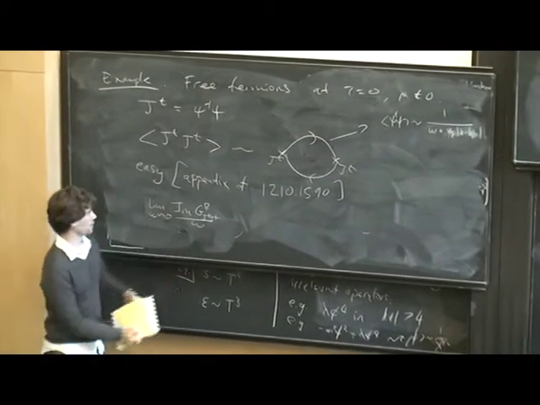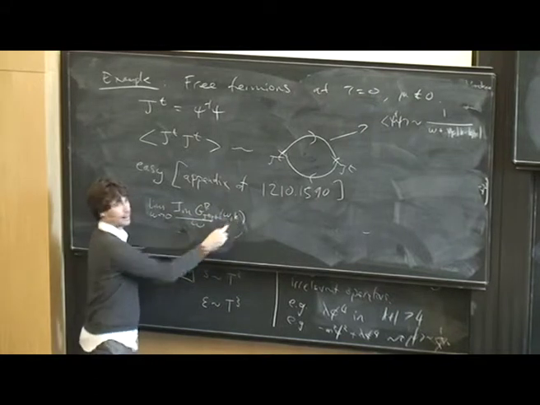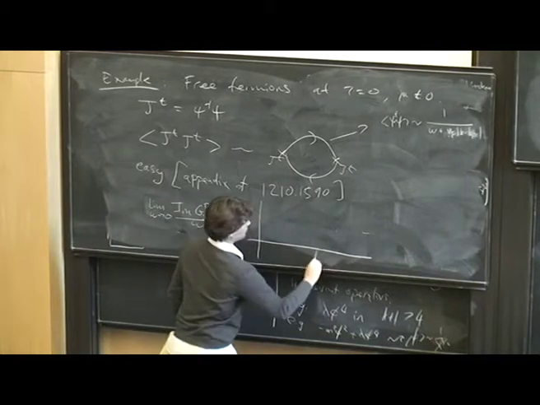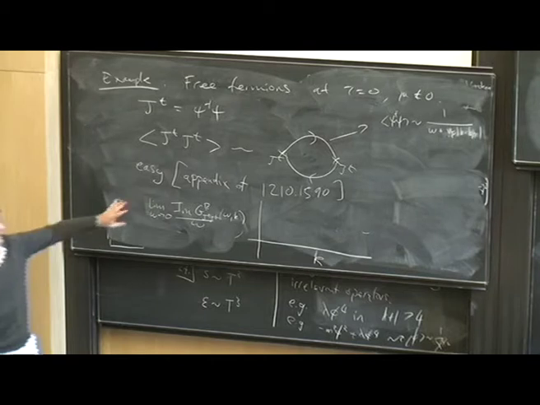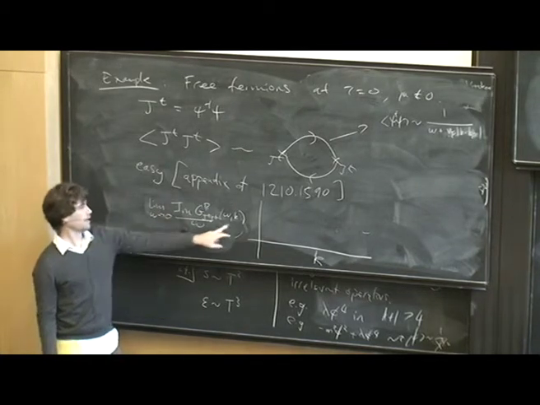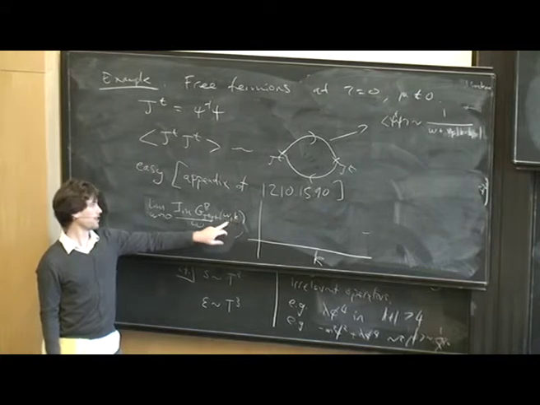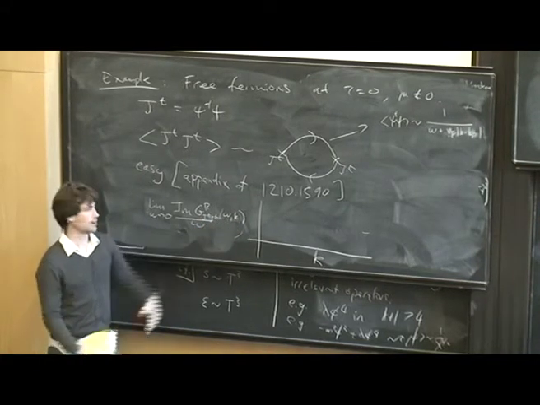So this is the low energy limit of this retarded Green's function as a function of k. Let's see what that looks like and make a plot. You calculate this diagram, then you take omega to 0, and I plot it as a function of momentum. This is meant to be a measure of how many low energy excitations there are in the system as a function of k.